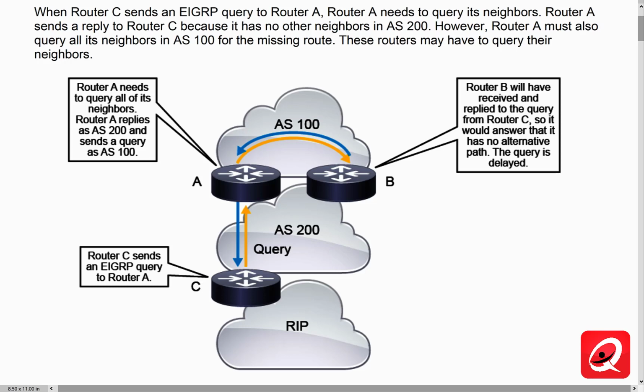Queries propagate through autonomous systems. So using multiple EIGRP autonomous systems doesn't result in any positive gain, right? We use summarization, we use distribution lists, we use stub routing features, but we do not use multiple autonomous systems.